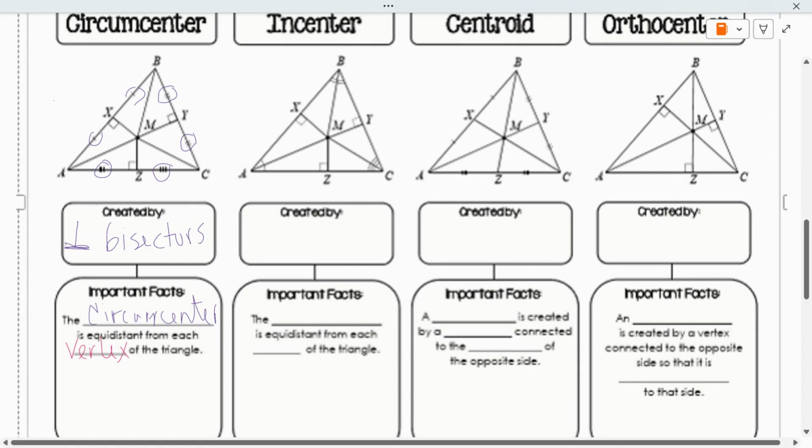Because remember, we circumscribe. So these actually become the radius of the circle. So it's from the vertex.